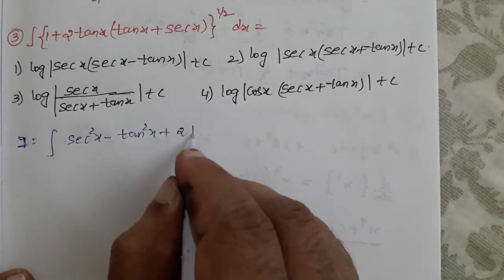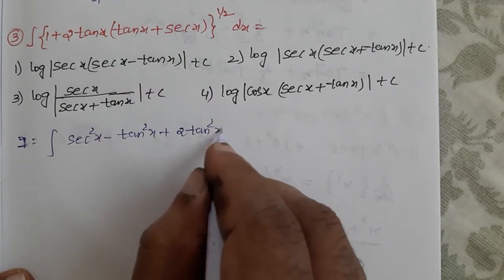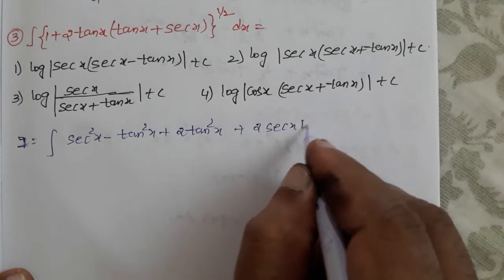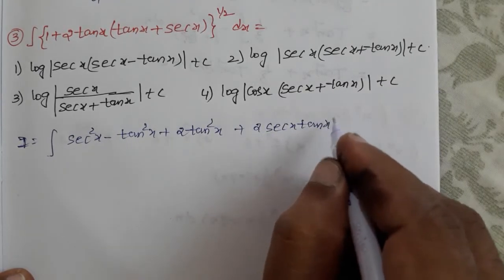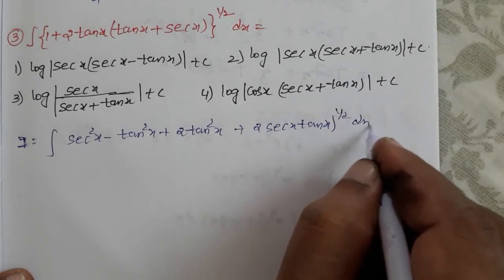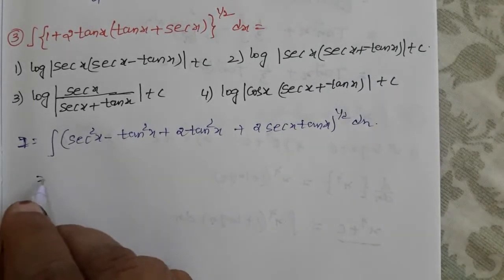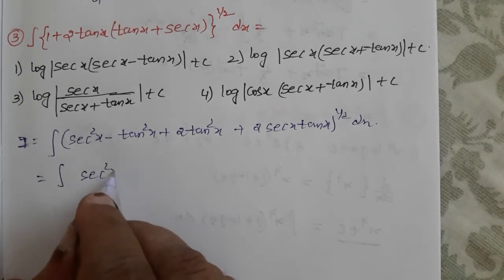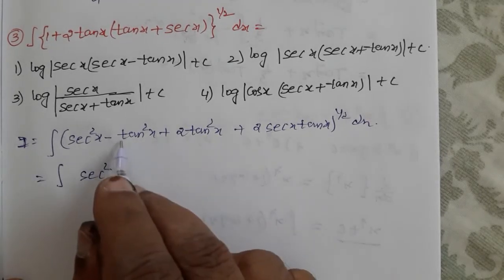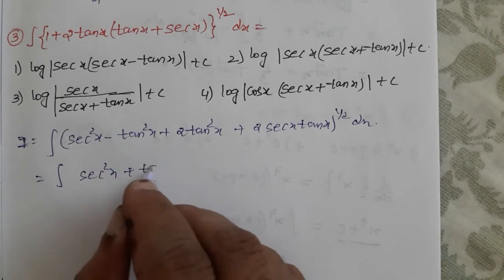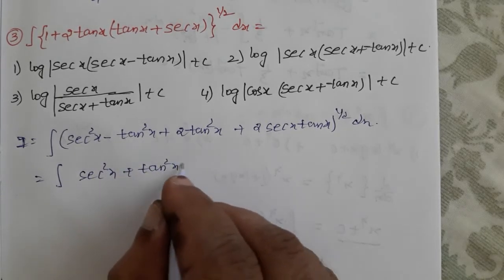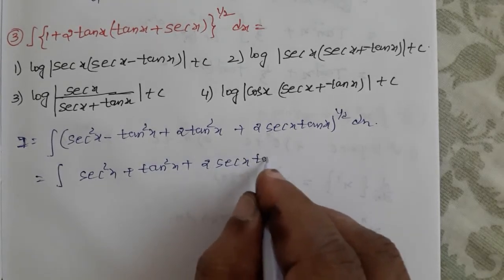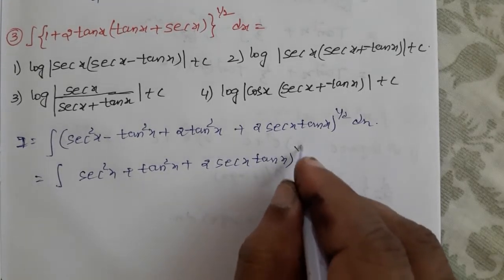It can be written as 2 tan square x plus 2 secant x times tan x, whole power 1 by 2 times dx, which is equal to integral of secant square x plus 2 tan square x minus tan square x. The result will be tan square x plus 2 secant x tan x, the last term remains the same, whole power 1 by 2 times dx.